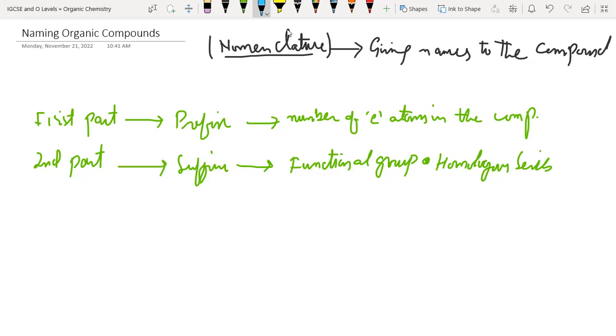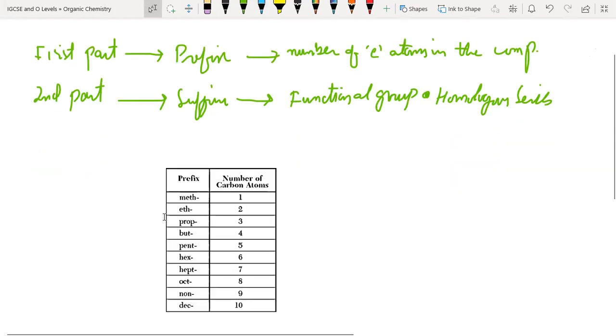Prefixes can be of the following types. Number one, if there is one carbon atom in the compound, it will be given as meth. What is meth? Methane.